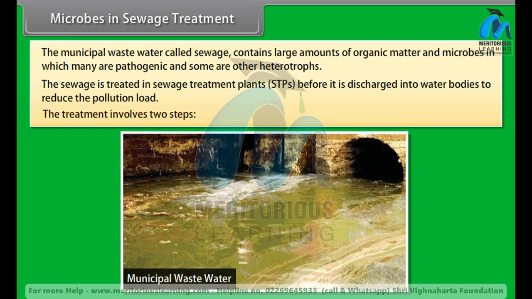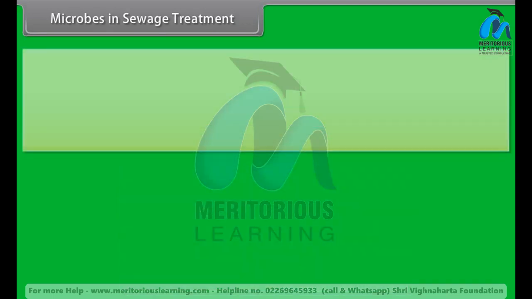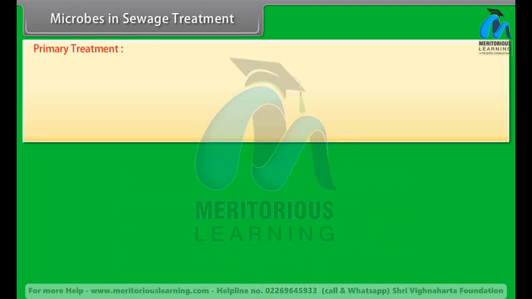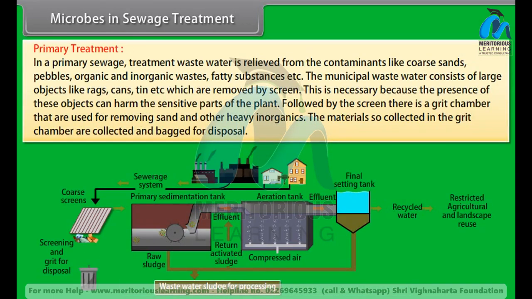The treatment involves two steps. Primary treatment. In primary sewage treatment, wastewater is relieved from contaminants like coarse sands, pebbles, organic and inorganic wastes, fatty substances, etc.